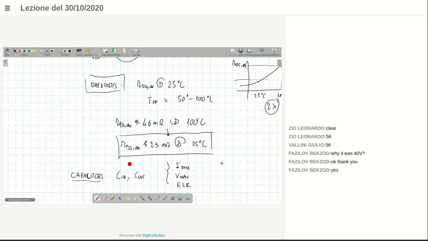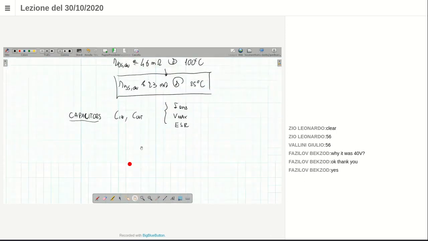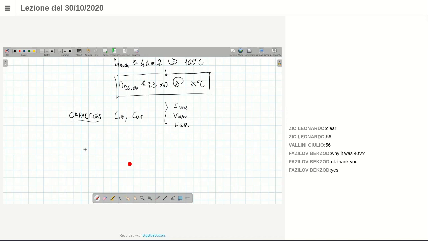First of all, I think that it is quite straightforward that the capacitors should be chosen so that to sustain, let me show again the schematic of the buck converter.